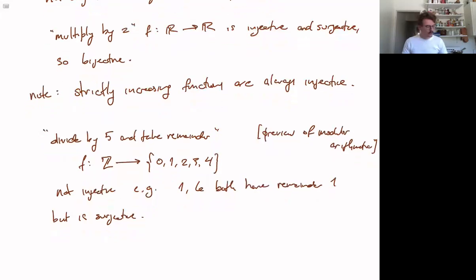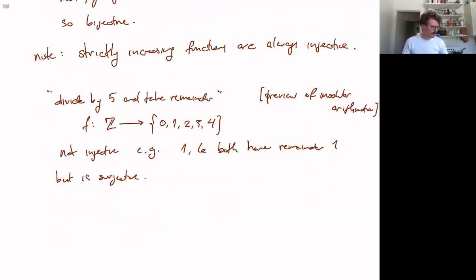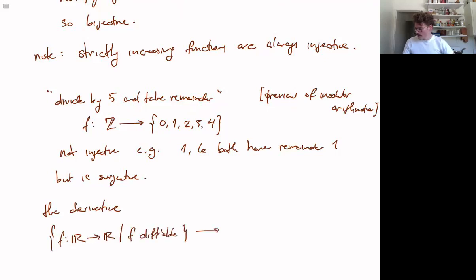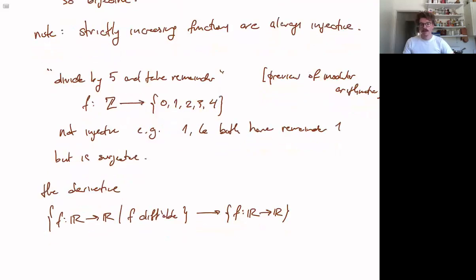Another quick example for people who are into calculus, this running example that I keep giving. The derivative, which is a function from the set of functions R to R which are differentiable, to the set of functions from R to R, is not injective nor surjective.